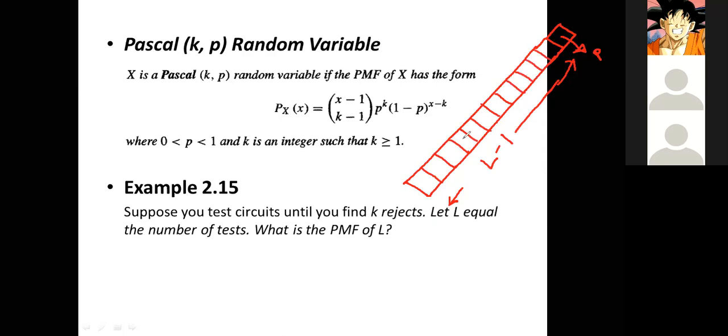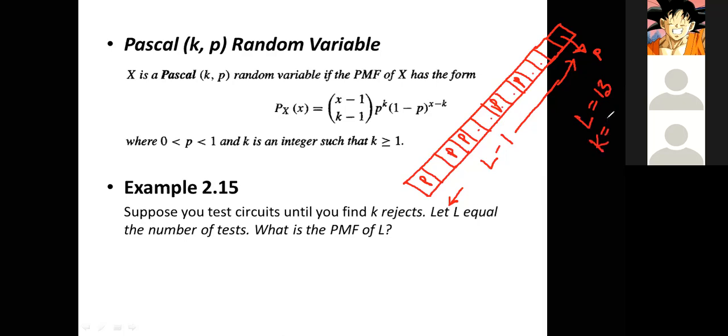And if I take L minus 1 tests done, and then P, P, P, P, P. Say 5 P's are there. So this P, and of course the last one is a P. So 6 P's are there, isn't it? So if 6 is the K, 1, 2, 3, 4, 5, 6, 7, 8, 9, 10, 11, 12, 13. So L equal to 13 and K equal to what?